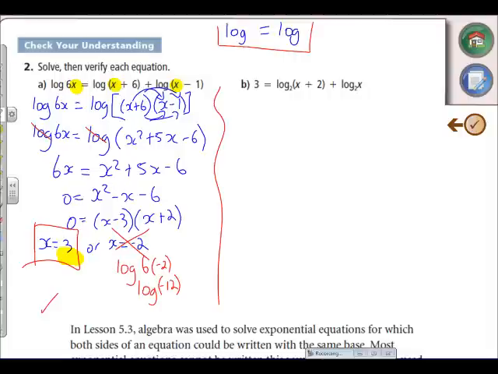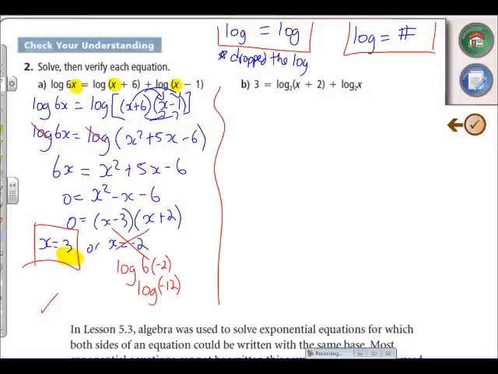Let's look at the next one here. I've got 3. I've got a number on one side, so I'm going to try to get log equal to a number, or number equal to a log. Doesn't matter. When it was a log equal to a log, what we tried to do was get it to a log equal to log, and then we dropped the logs.